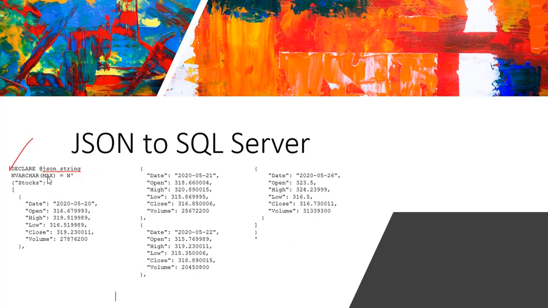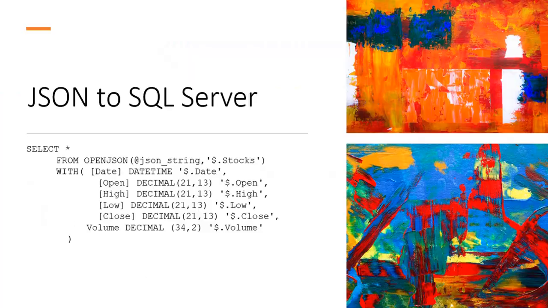And here's all the data. N is the encoding scheme, and we have a root tag of stocks, and then we have our JSON data: date, open, high, low, close, and volume. We have 4 dates or 4 nodes of data. So we've set our @JSON equal to all of this JSON data.